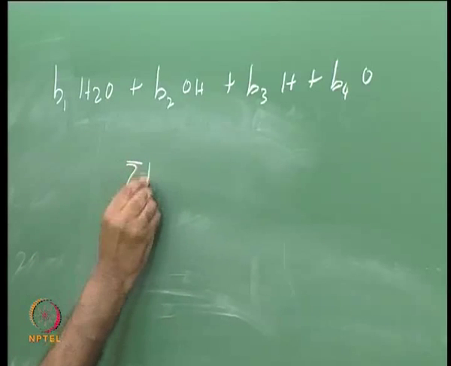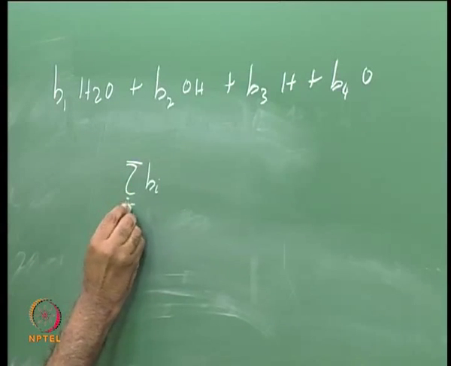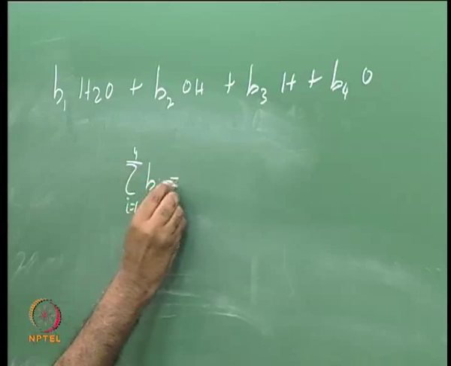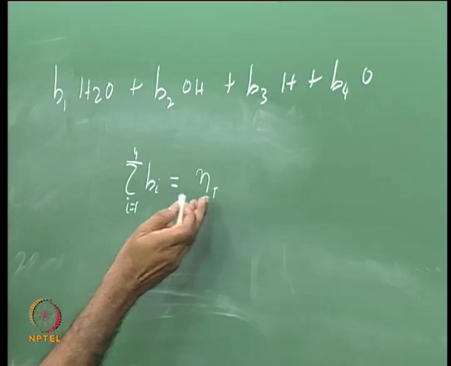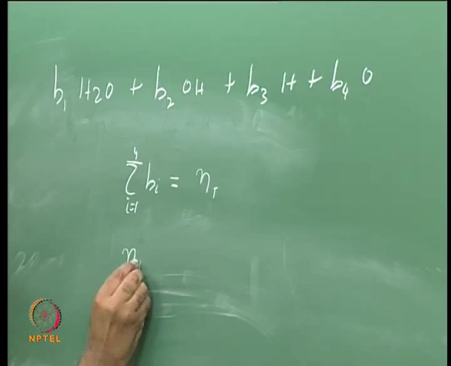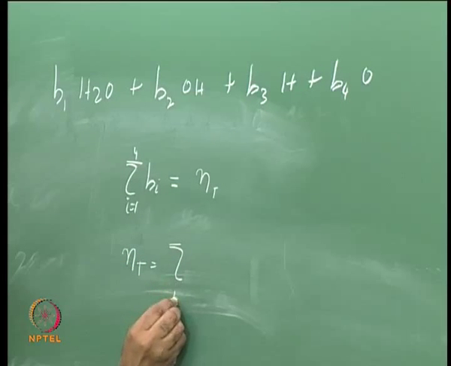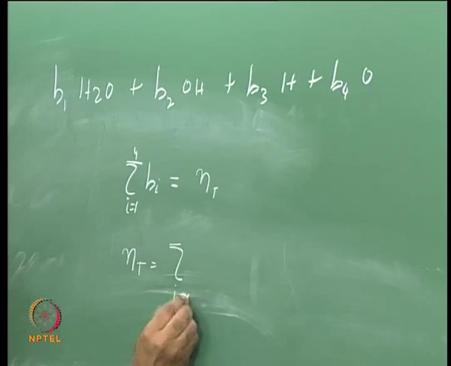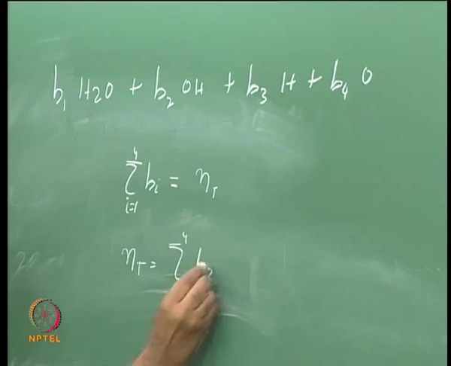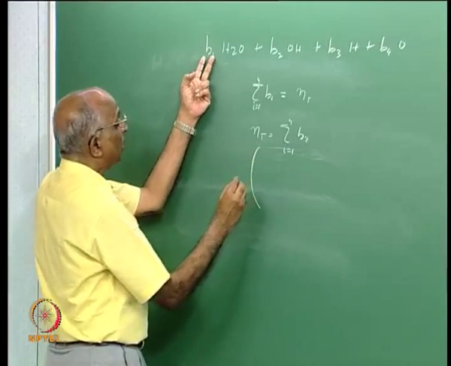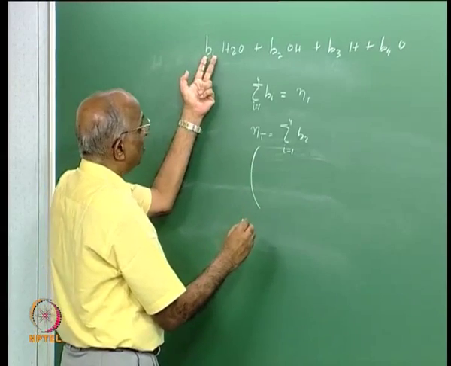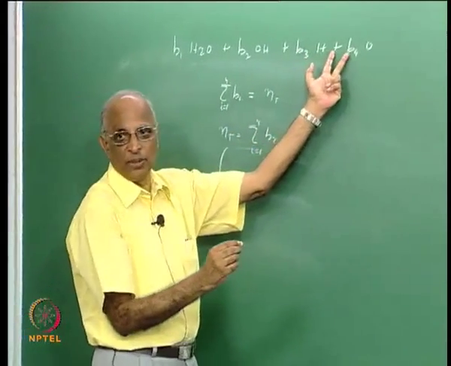Then we said the summation of Bi, as i goes from 1 to 4, must be the same as the total number of moles which we have assumed. If it is not so, let me again assume N2 is equal to the summation for i equal to 1 to 4, and repeat the calculations till I get consistent or converged values of B1, B2, B3, B4.